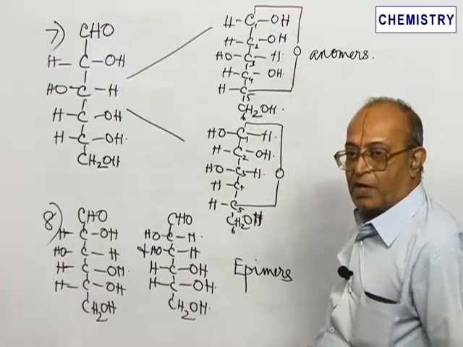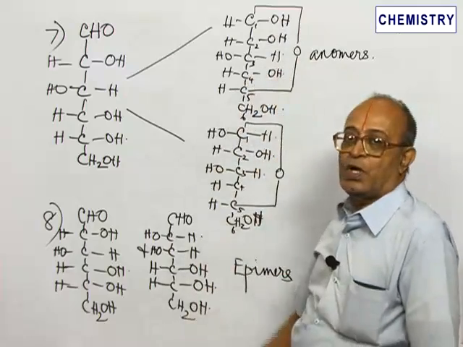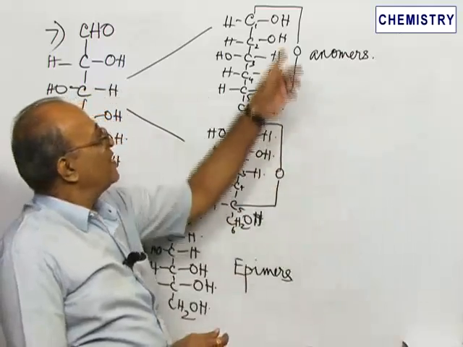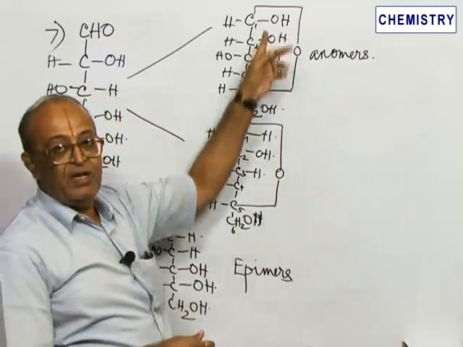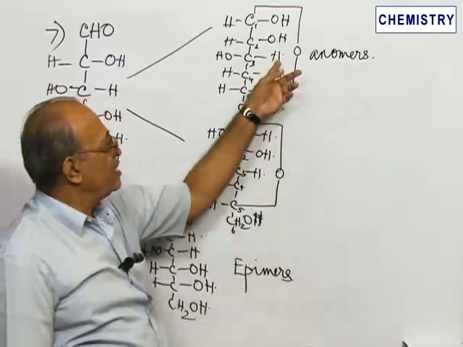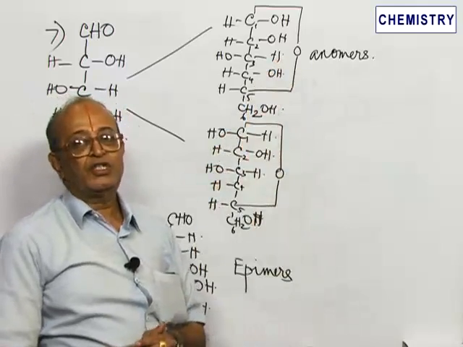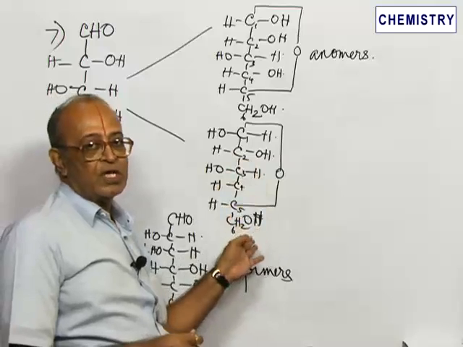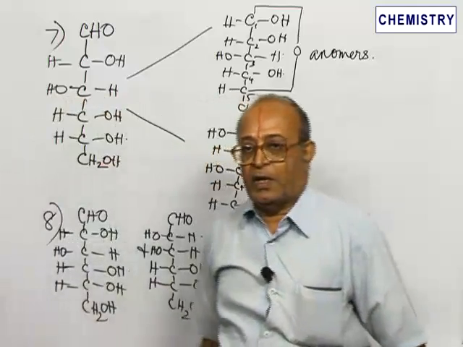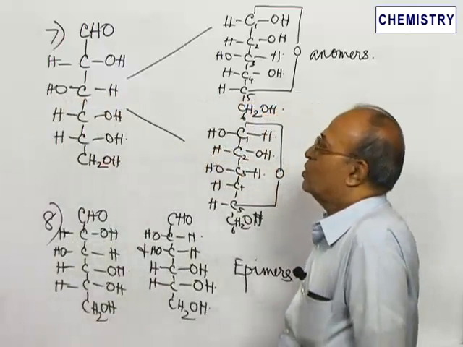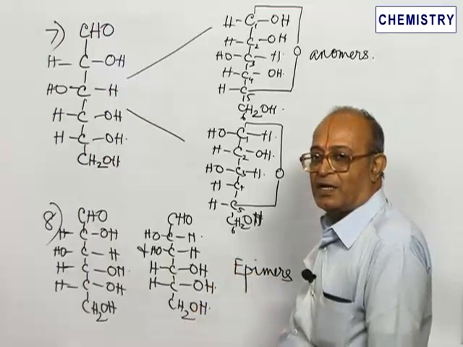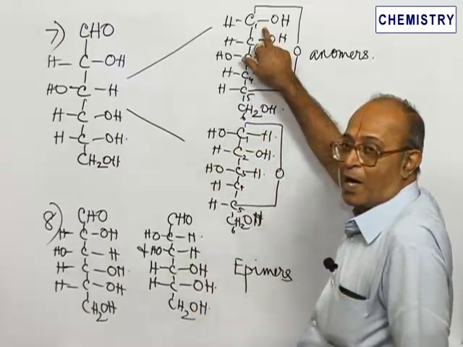And so, if you consider 2 ring structures in which the configuration at C1 will be different in these 2 cases, one is the alpha glucose, another is the beta glucose, and in these alpha and beta glucose isomers, the only difference is the configuration of C1.